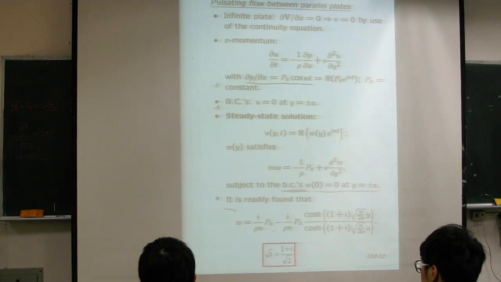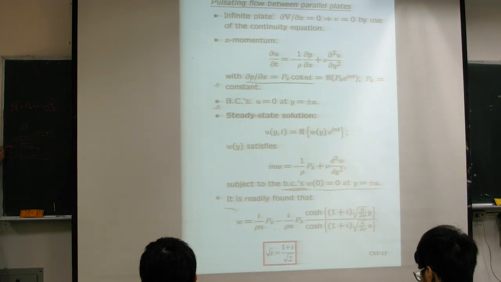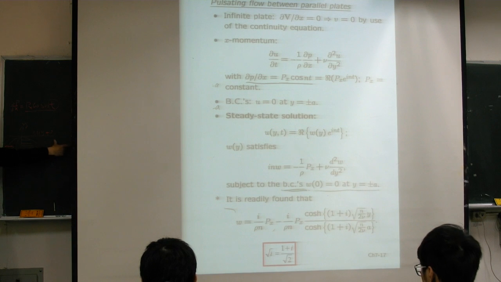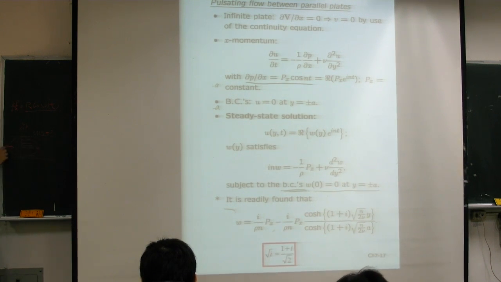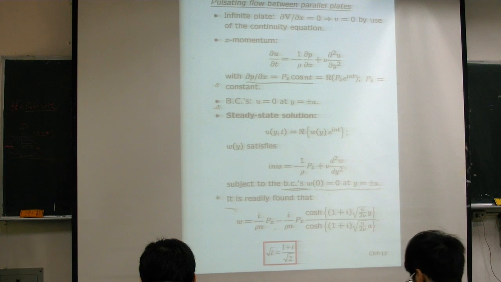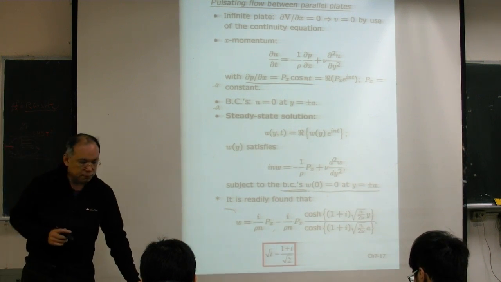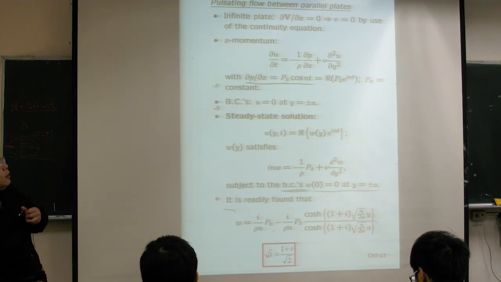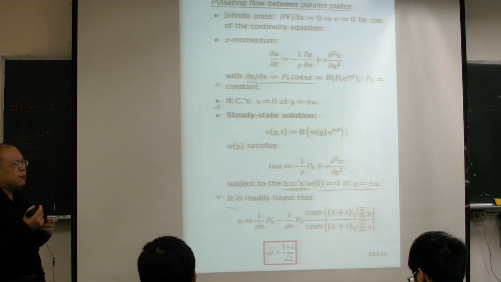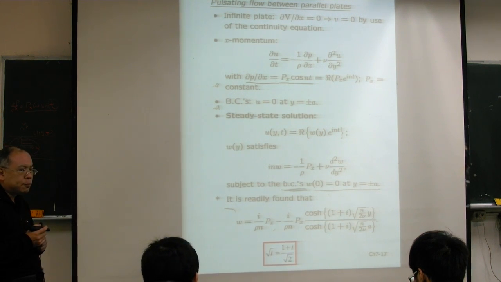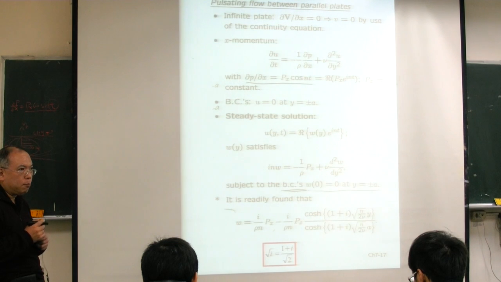We have an unsteady pressure wave driving the flow back and forth. So that's the physical problem. This is very similar to some of the biomechanics inside your blood vessel.